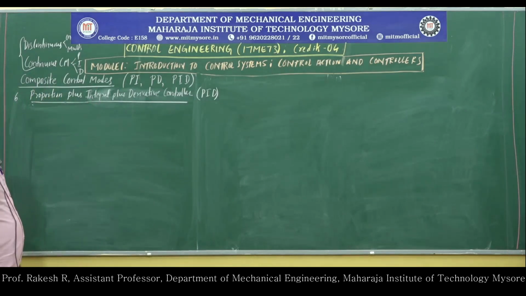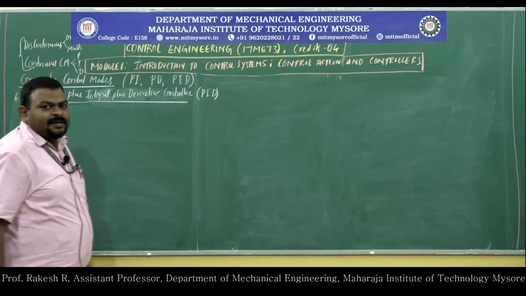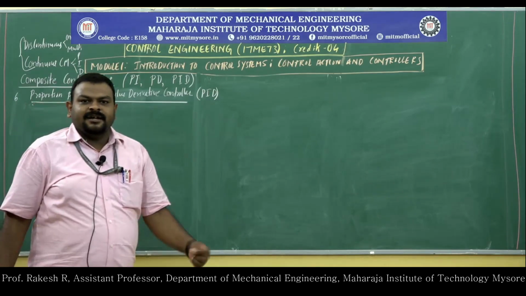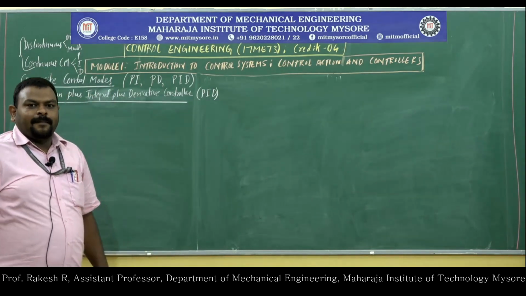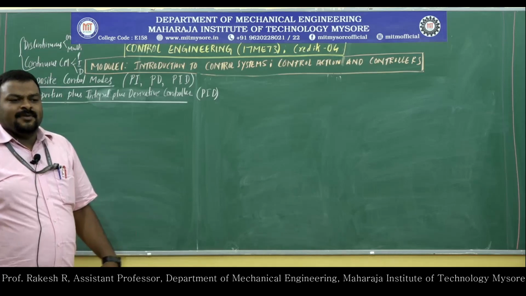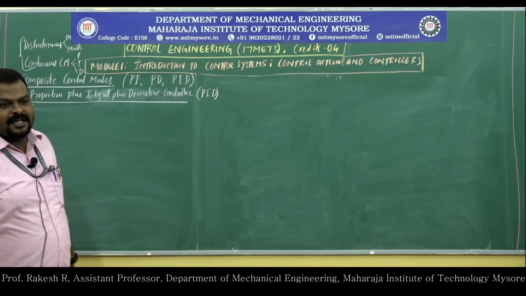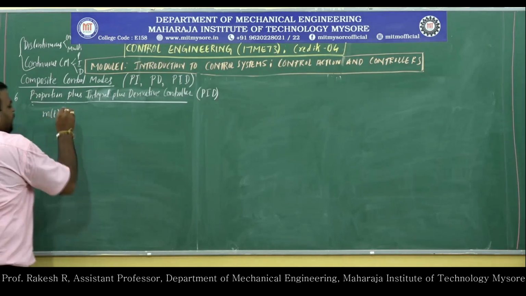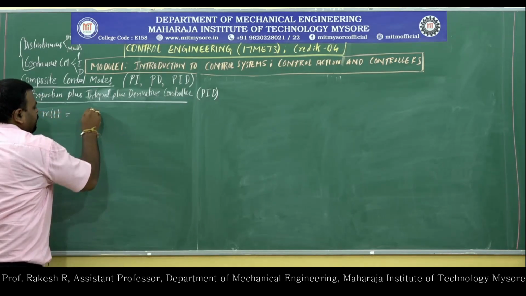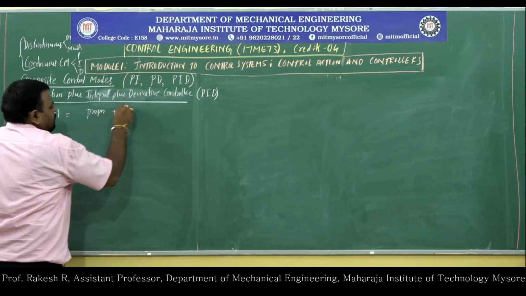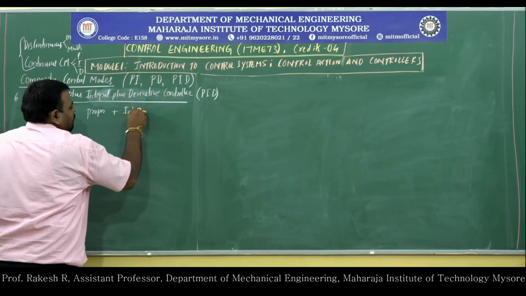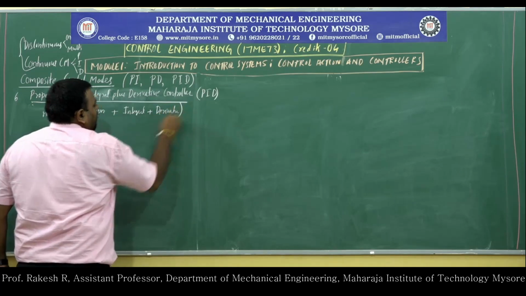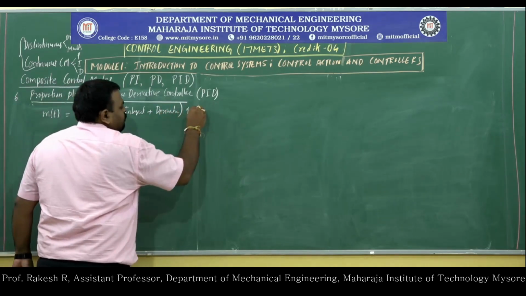The definition for PID controller is a controller in the forward path which changes the controller output proportional to the error signal, its integral as well as its derivative. Let us write that. So, controller output m of t will be proportional plus integral plus derivative of the error signal.